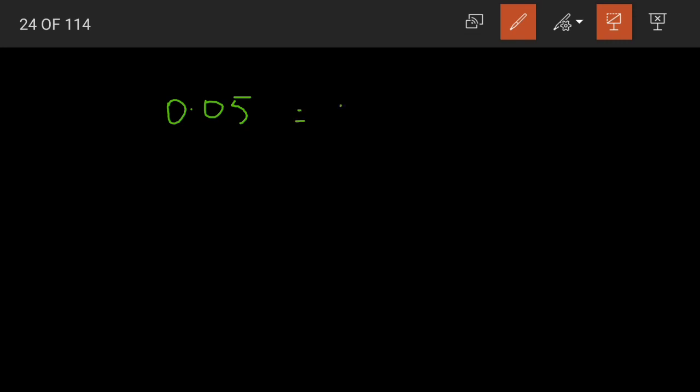First, if we convert this 0.05 into a fraction, we will know how many squares to shade. Yes children. Now how will we convert this into a fraction? Write the number as it is without the decimal point. Instead of 0.05, write 005. This becomes the numerator, divided by 1, and after 1, we can see that we have 2 decimal places.